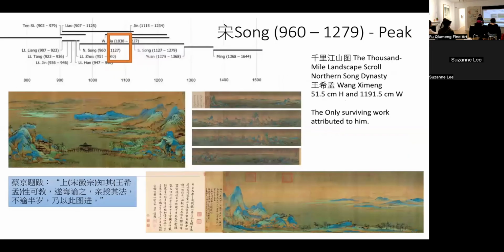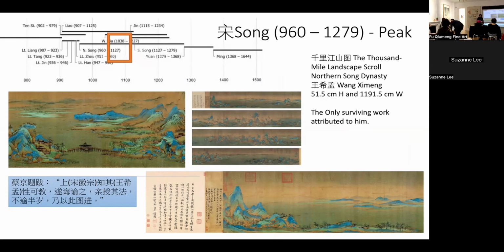And then we move to the Song Dynasty. The development of blue-green landscape reaches a peak. I'm not sure if you're familiar with this painting. It's a legendary piece, 千里江山图 by Wang Ximeng, the Thousand Mile Landscape scroll.